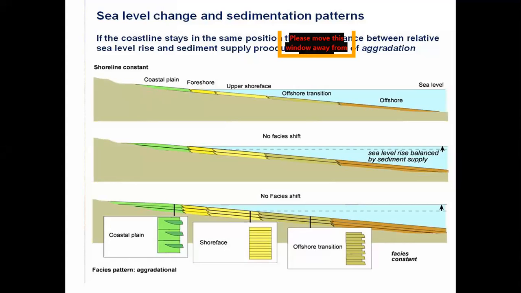So what will happen? There will be no lateral change in the type of sediment in the same space, and it will only grow vertically. As a result, you can see the same materials are piling up in the same area.